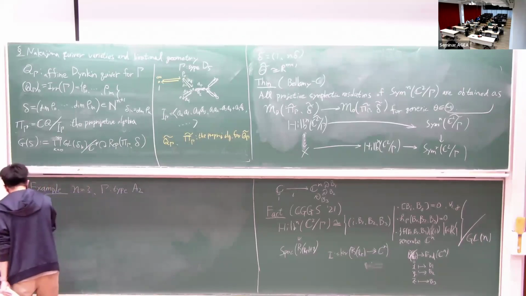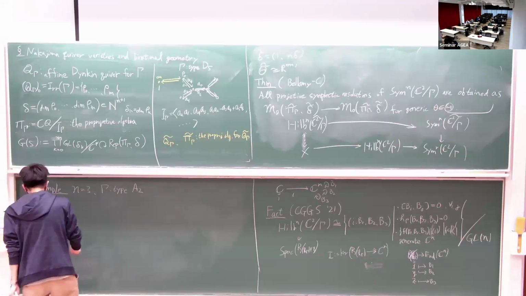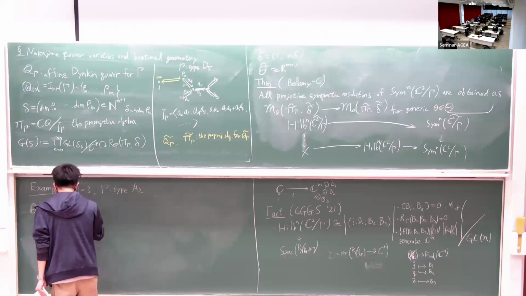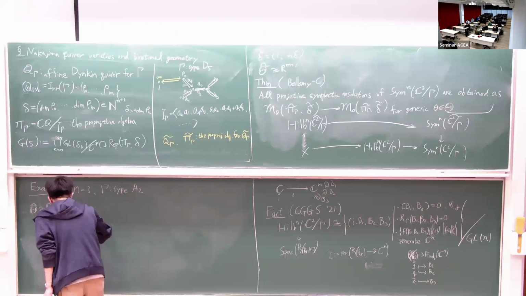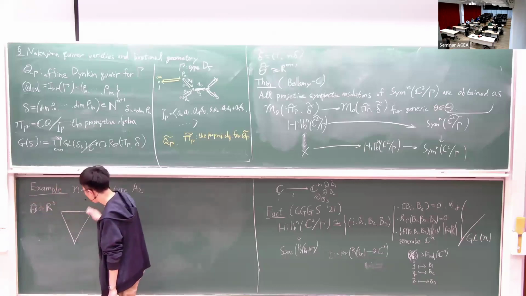In this case, the stability condition space has dimension 3.